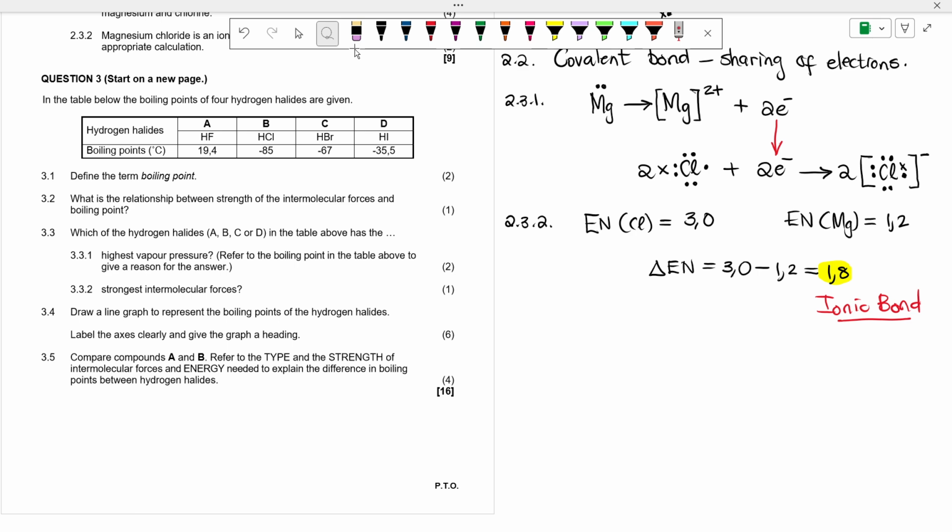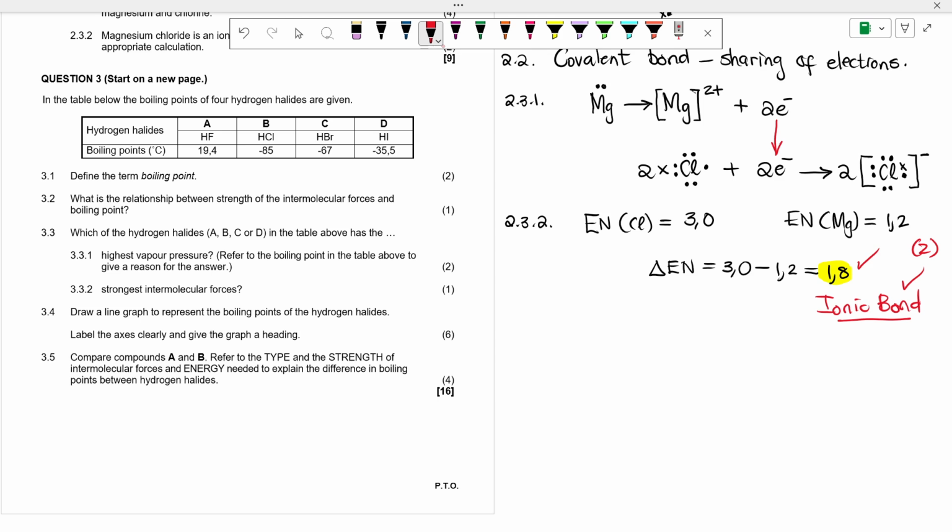Okay, but that's the work you needed to do for this question. So they'll give you a mark for finding the electronegativity and to say that it is ionic bond. So 2 marks in total. Okay, and that's it for question number 2.